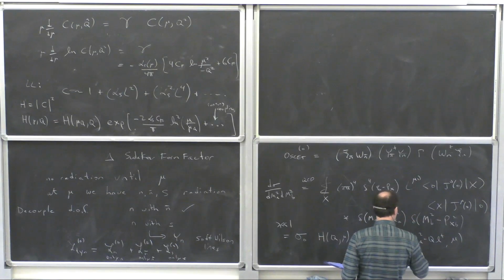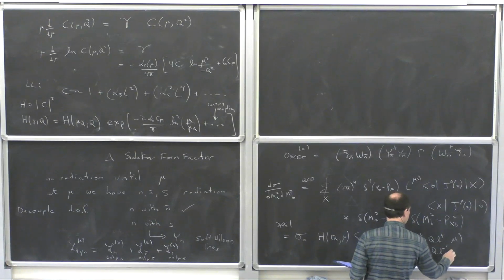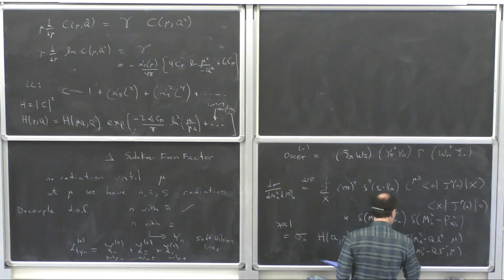There's two jets, so there's two jet functions. They're the same function, just evaluated with different arguments. And there's a soft function.